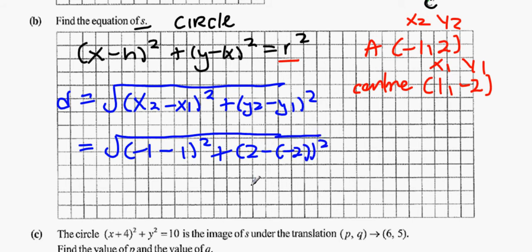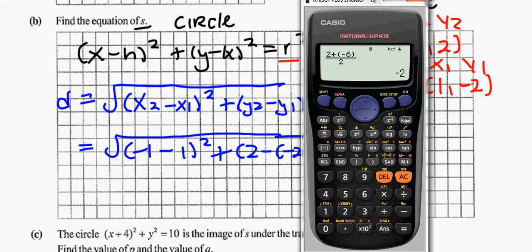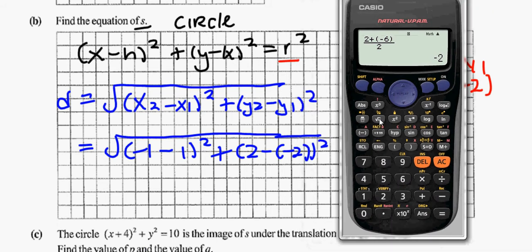Once again, let the calculator do all the work for you. We should get the square root of (minus 1 minus 1) squared plus (2 minus minus 2) squared, closing the bracket and squaring it. And what we should get is 2 root 5.